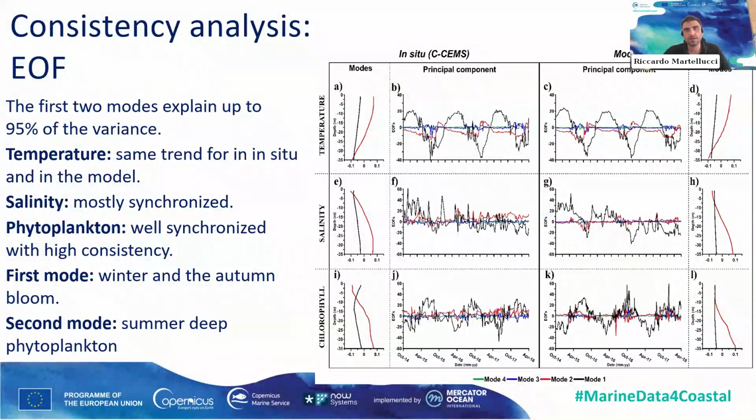And one of the most useful methods to do this is to apply the empirical orthogonal function, which can give us an idea of how the variability of the model and the observation can be represented. Here we apply this empirical orthogonal function for the temperature, salinity, and chlorophyll, and we clearly see that the model and the observation present the same trend in terms of variability of the principal component of this parameter.